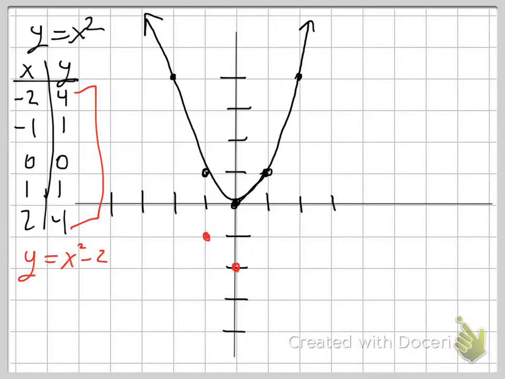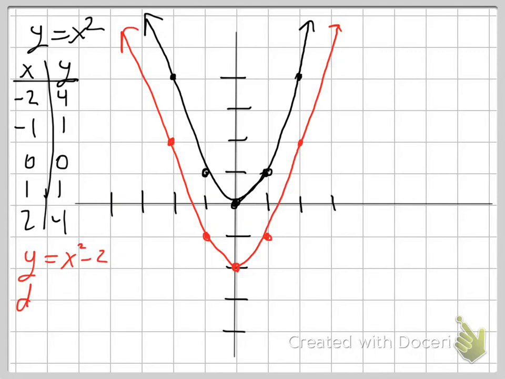So it's going to lower all the y values, the outputs, by 2 units. All I have to do is move each of these 5 points 2 units down, and then I'm going to have the same shape. And there's my parabola. So you can see it's just down 2 units.